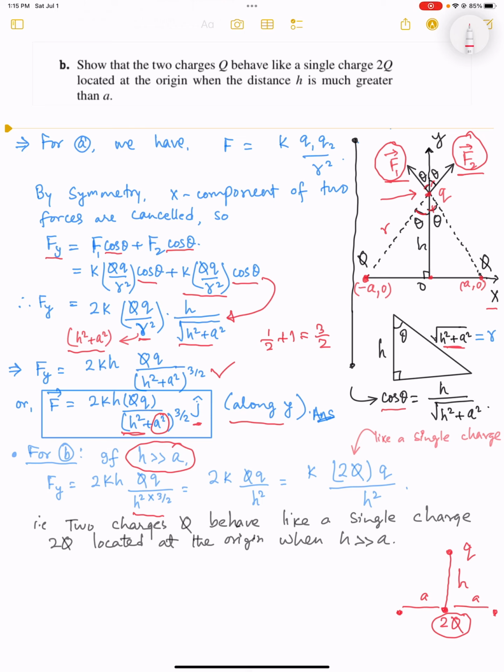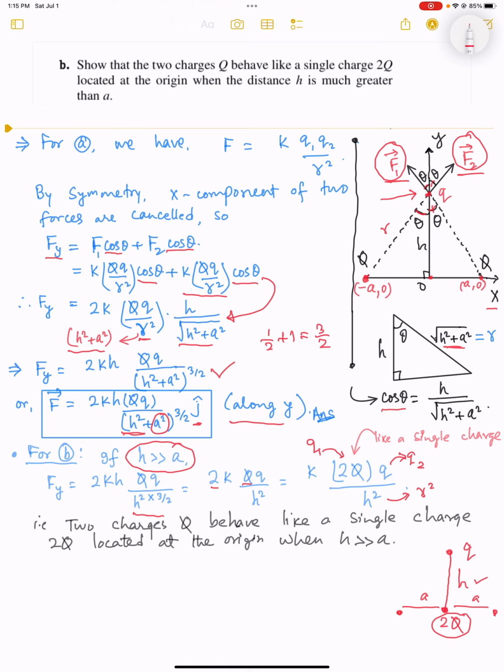And we can reconfigure that this is constant k times 2Q times q. This is like another charge q2, this is like charge q1, and this is like k times q1 q2 over r squared, where h is the distance between these two charges.